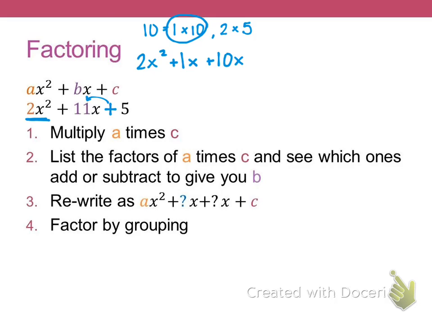And this is why I did that. Look right here at step number 3, where it says rewrite as ax squared, which is the first term, plus question mark x plus question mark x. The reason why I did question marks here was because those question marks are going to be the terms that you use. Every single problem, the terms you use will be different, okay?